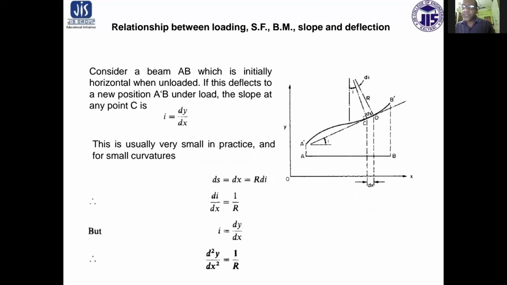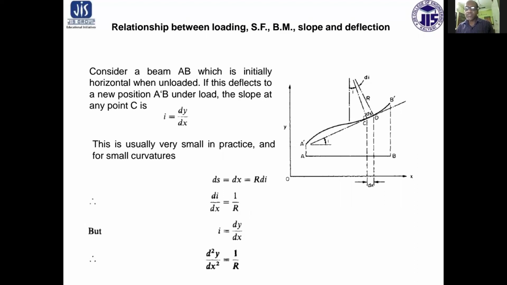The relationship between loading, shear force and bending moment, slope and deflection. Now consider a beam AB which is initially horizontal and unloaded. It is deflected to a new position A'B' under loading. The slope at any point C is given by i = dy/dx.